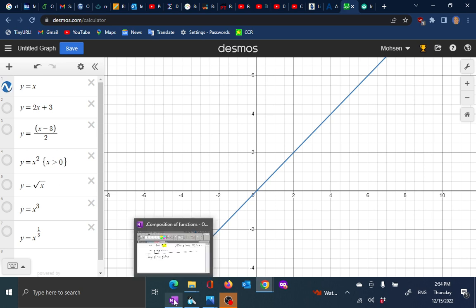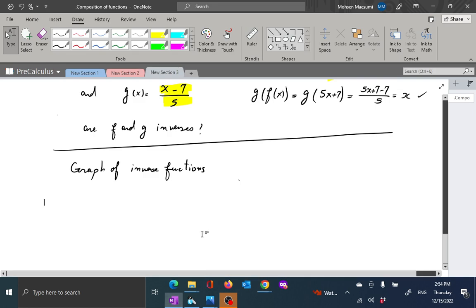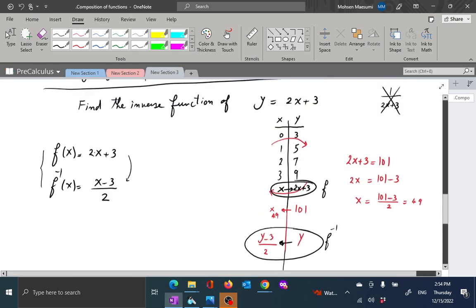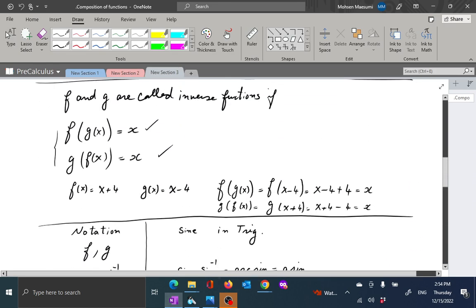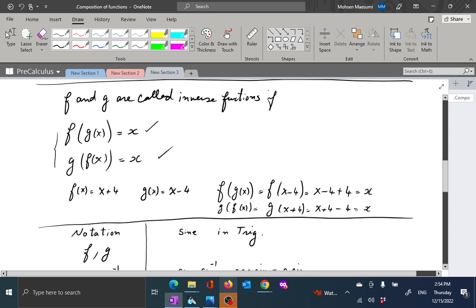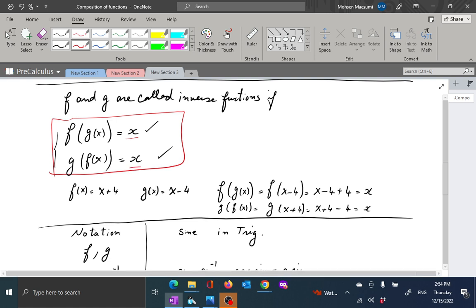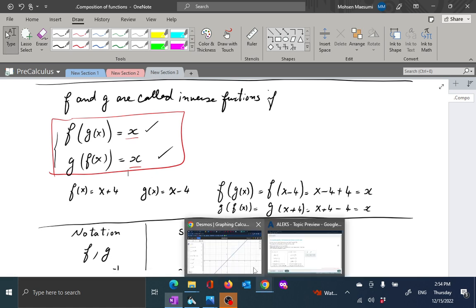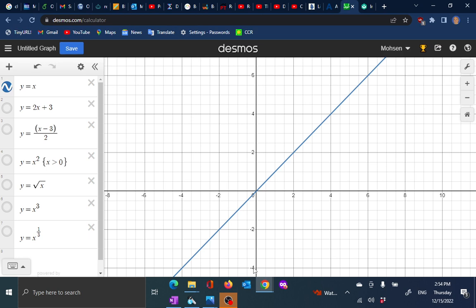You notice that this is the function that shows up here when you compose a function with its inverse, you get the identity. That's what's really happening. So what does identity look like? Well, that's the simplest function. It's just a 45-degree line.